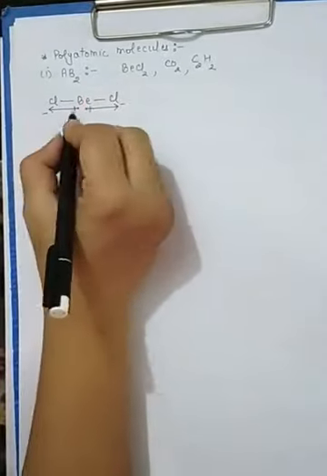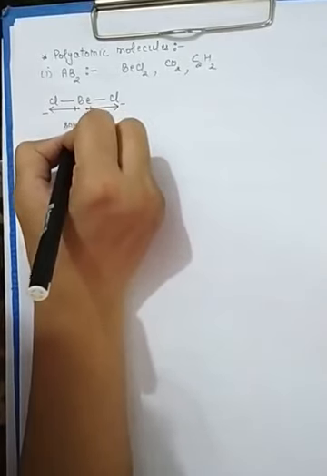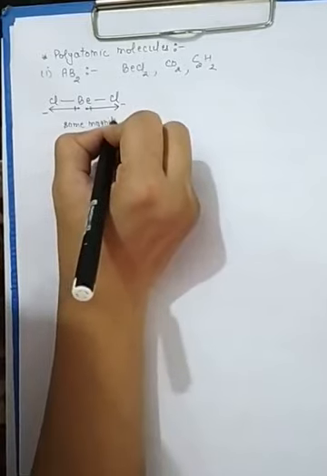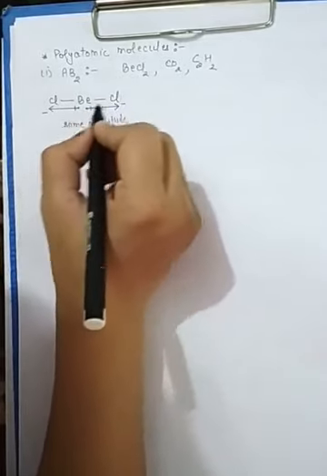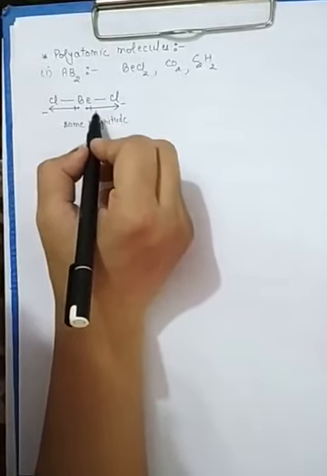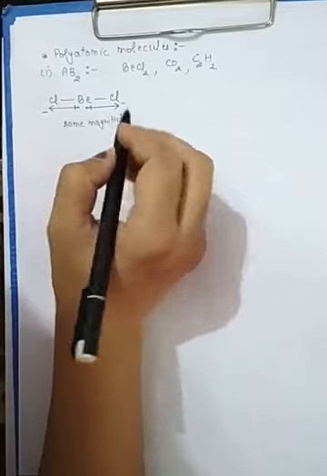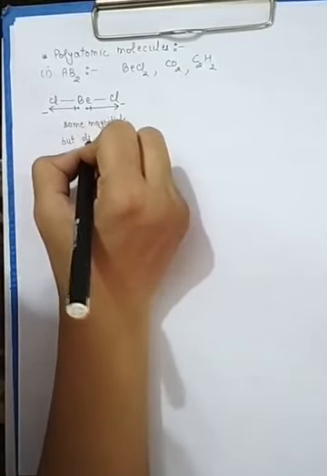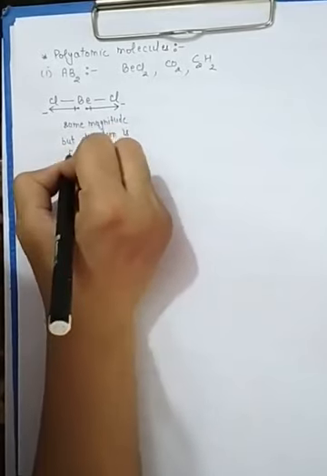See, both the dipoles have the same magnitude, as both the bonded atoms are the same, hence the magnitude of dipole moment of both bonds is also the same, but the direction is different.